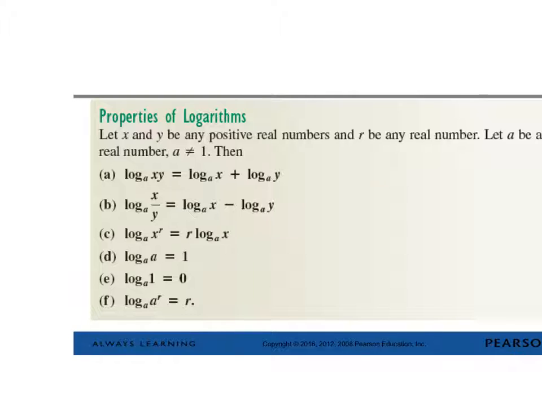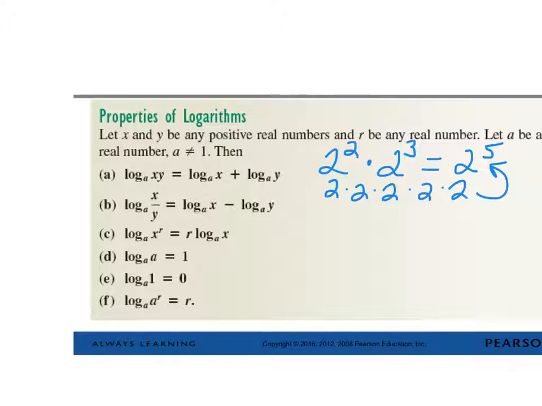If you have some number, and I'm going to in this case use powers of 2, 2 to the second power times 2 to the third power turns out to be 2 to the fifth power, because this is 2 times 2 times 2 times 2 times 2, and that gives us 2 to the fifth.